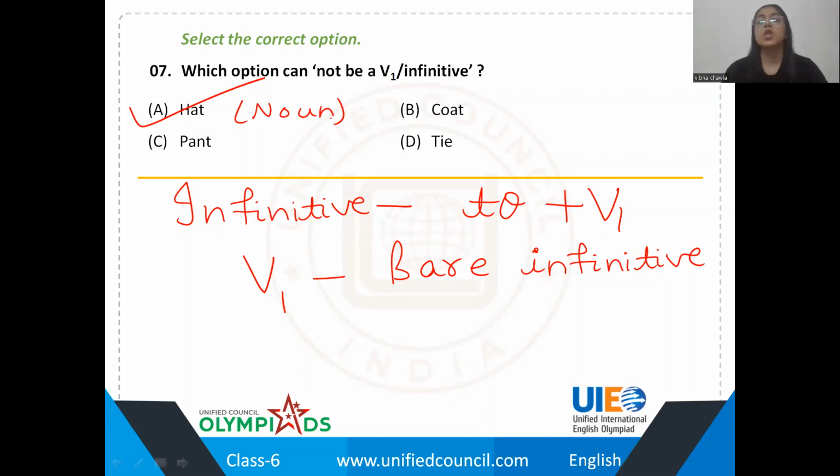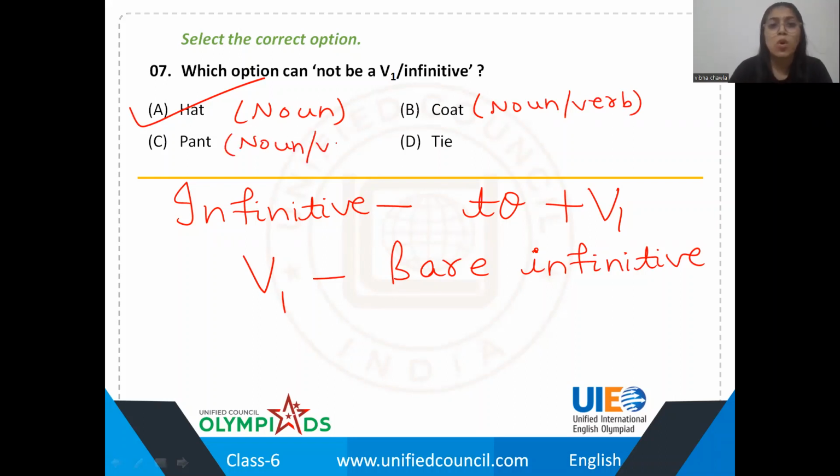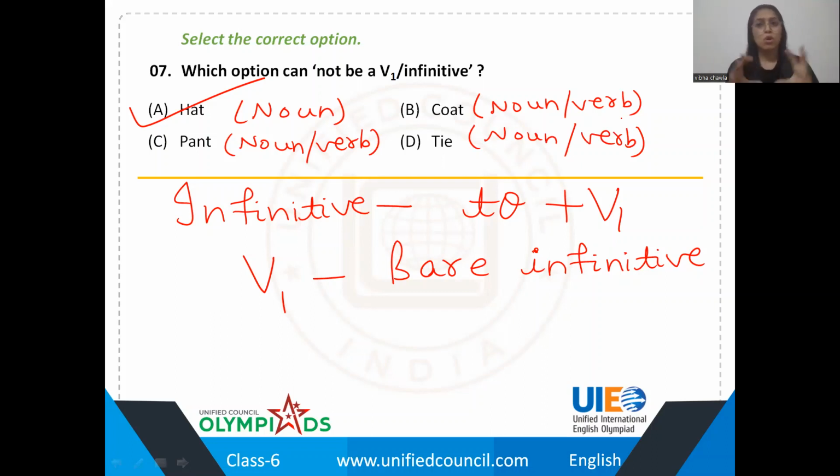But if we look at these options, coat can be a noun or a verb. Likewise, pant can be a noun or a verb. Tie can be a noun or a verb. Okay, coat, pant, tie, all these are nouns. All these are names of something that you wear. Okay, like hat.